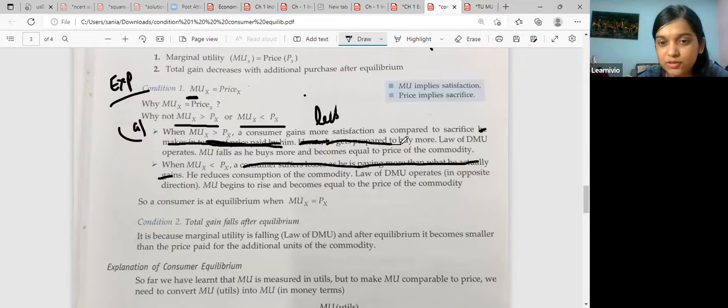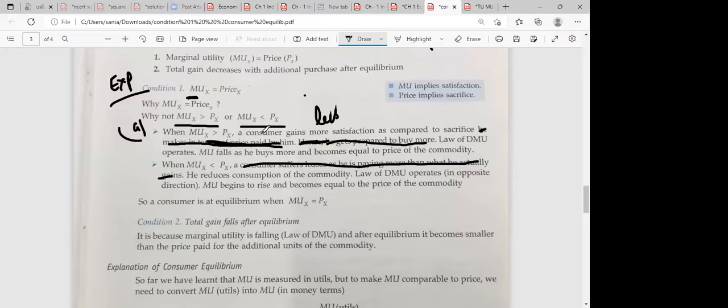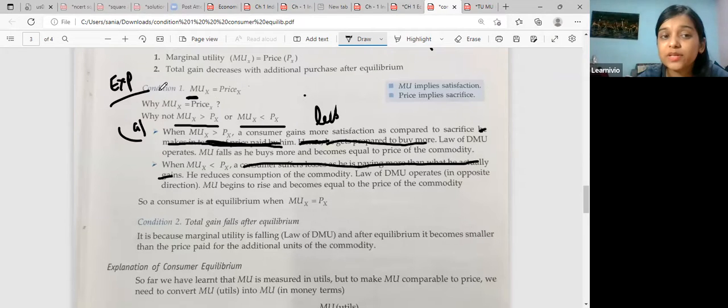Yes. Okay, I'm just explaining again. First, you will write this. Then you will write the explanation of condition 1: MUX equals PX, then satisfaction is equal to sacrifice. And then you will write A, and here you will write MUX is greater than PX. Then you will explain that a consumer gains more satisfaction as compared to the sacrifice.